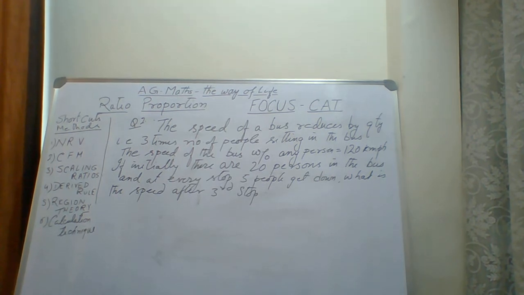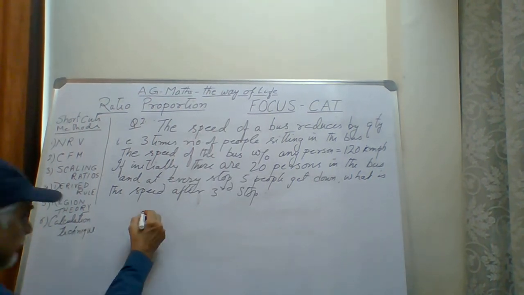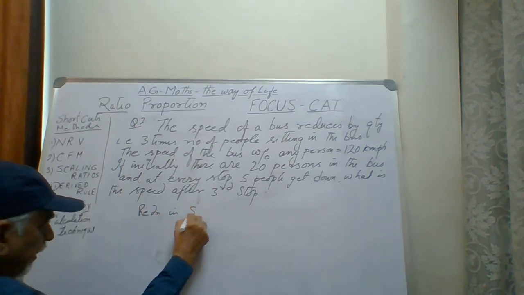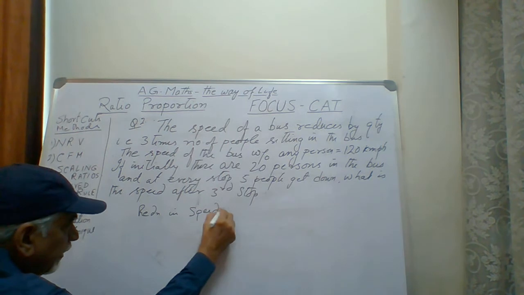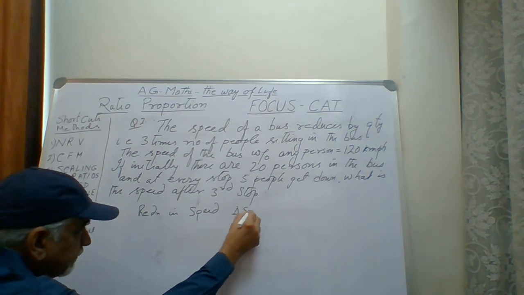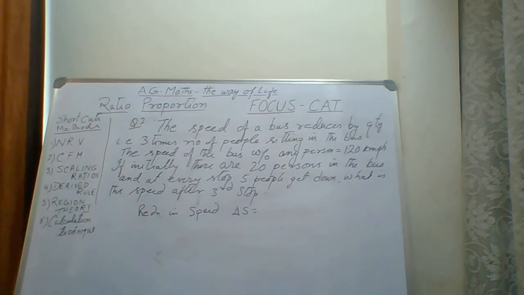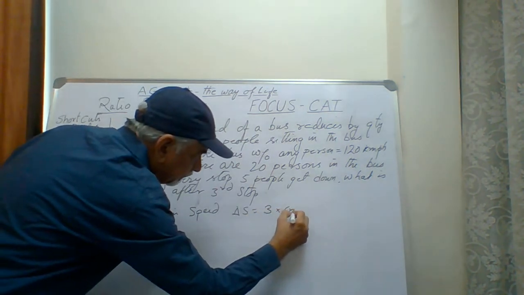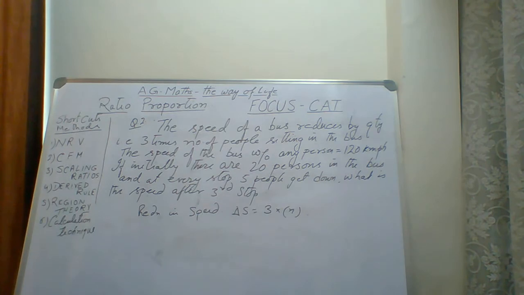So let the reduction in speed be delta S. Delta S is equal to 3 times the number of people, or we write it as 3 into n, where n is the number of people.